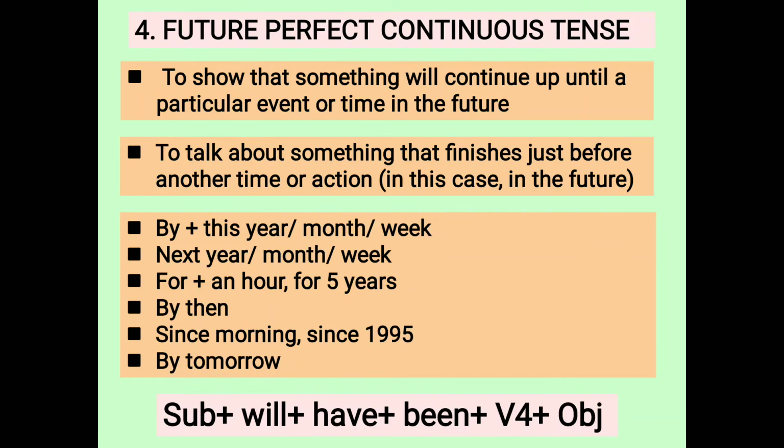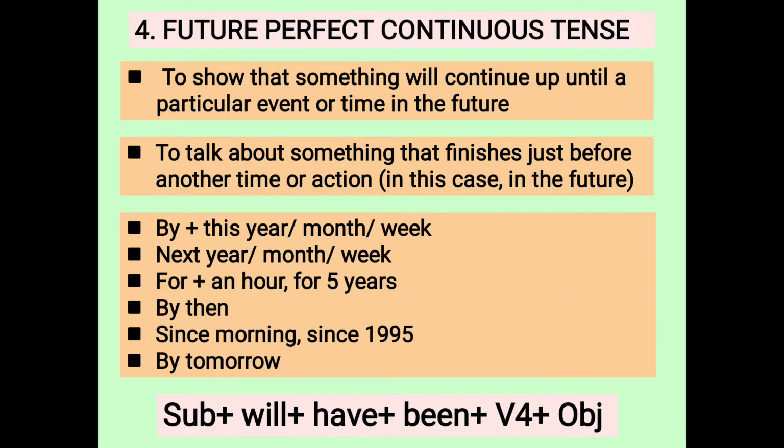Okay, and we can identify the situations by these time expressions. One is by this year, by this month, or by this week. The next one is next year, next month, next week. Third one is for an hour, for 5 years, for 5 days, or for 12 months. Then by then.